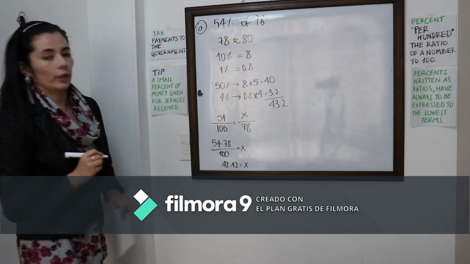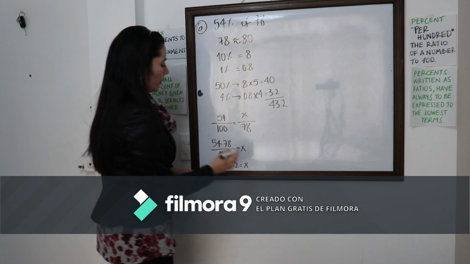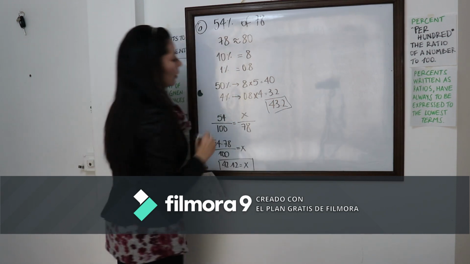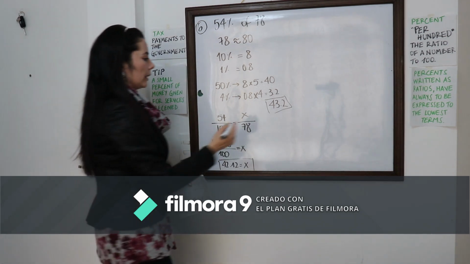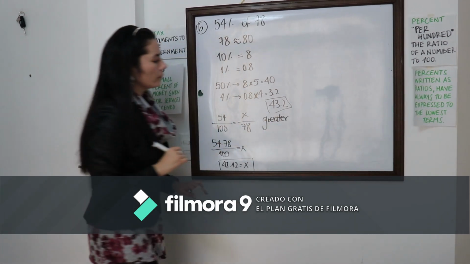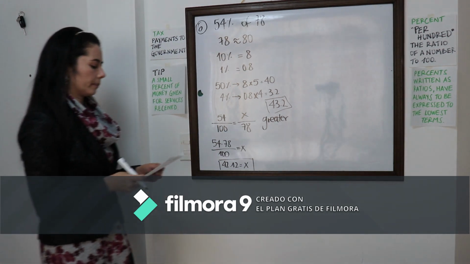Okay, 4212. Now, if you think about it, it actually is pretty close, right? But this is a little bit greater. So I would say it's greater, the estimation for sure.